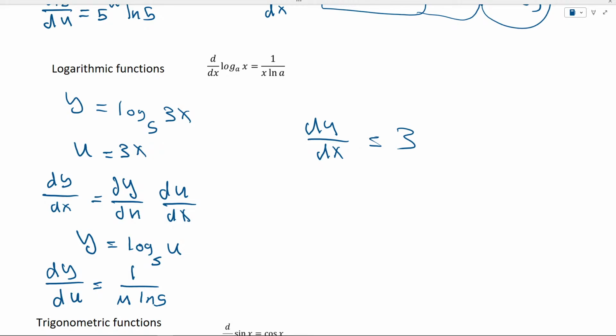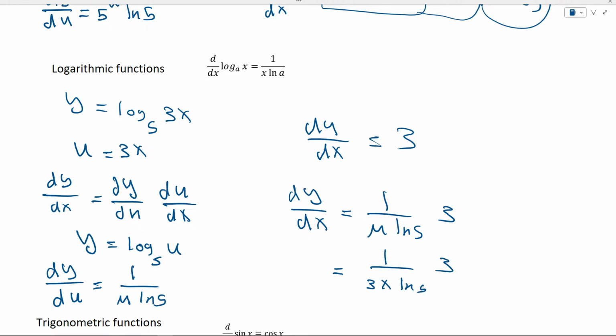Then we multiply these together. So dy over dx is equal to 1 over u ln 5 times 3. I can substitute u here, so that would be 1 over 3x ln 5 times 3, something like this.